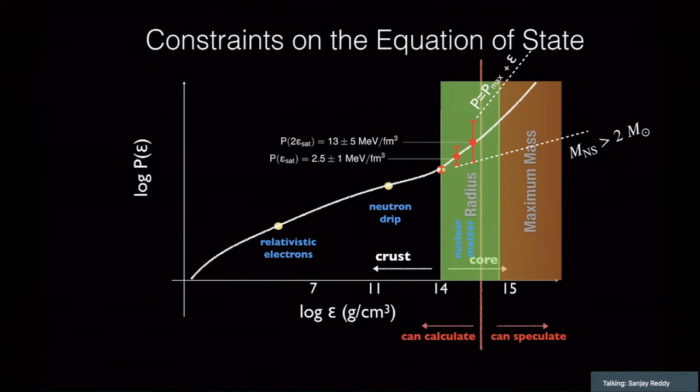So one strategy could be, let's just parameterize the equation of state at higher densities by, say, taking 5 or 10 points between a few times 10 to the 14 grams per centimeter cubed and a few times 10 to the 15 grams per centimeter cubed, and then choose some arbitrary interpolation scheme. And then just try thousands or millions of equations of state that lie in between these two boundaries and see what sorts of neutron stars they produce.